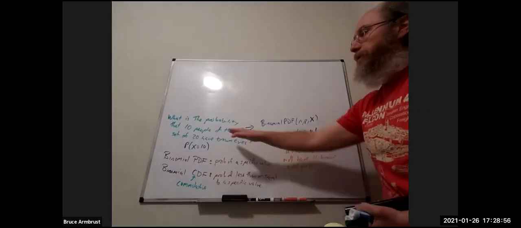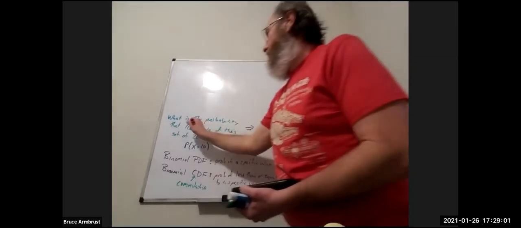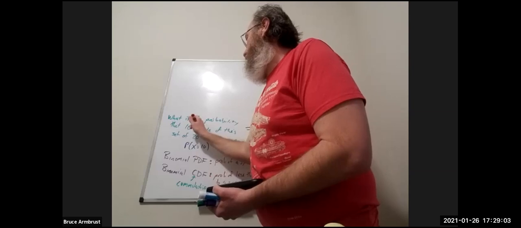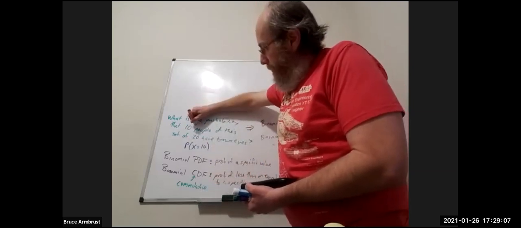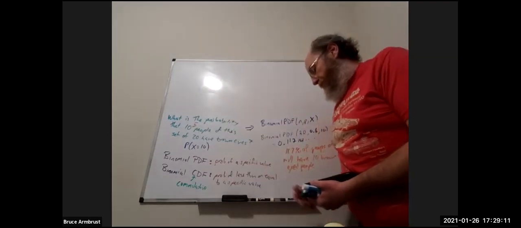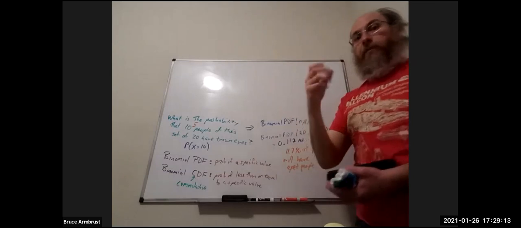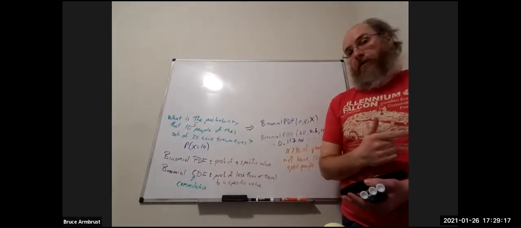So instead of looking at 10 people, what if it's only 5 people? So what's the likelihood that if we grab 20 people and we ask them, do you have brown eyes, then only 5 of them have brown eyes?